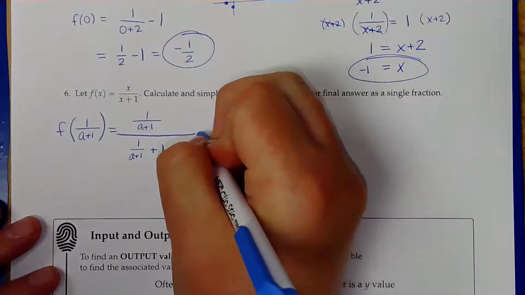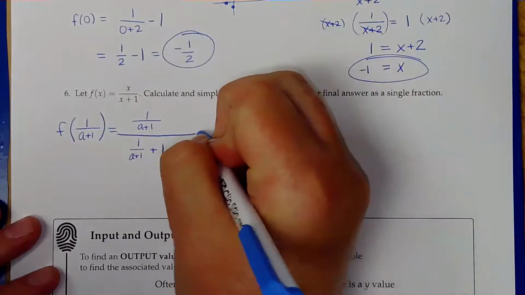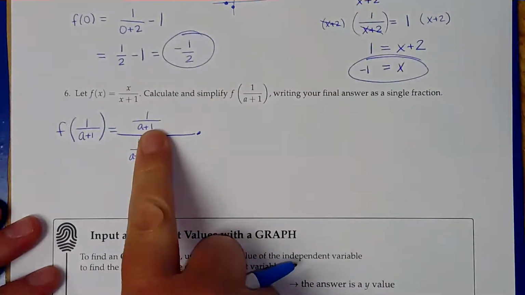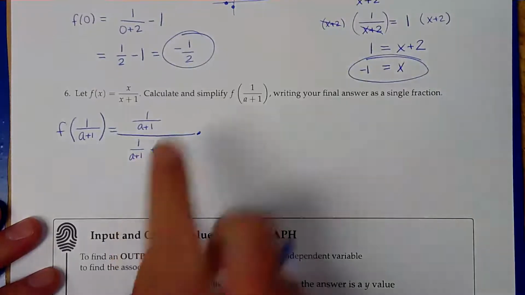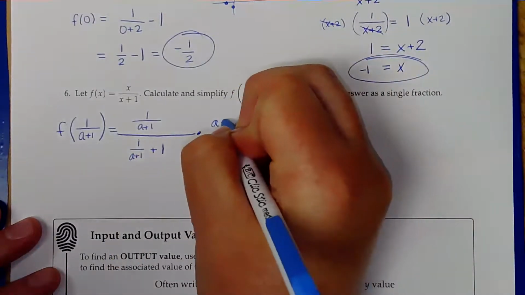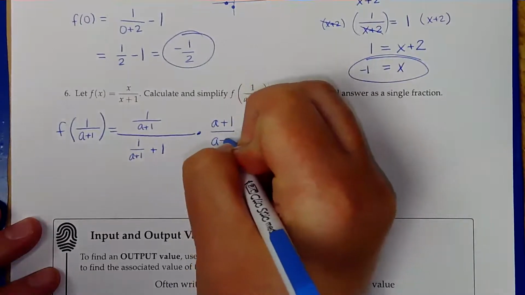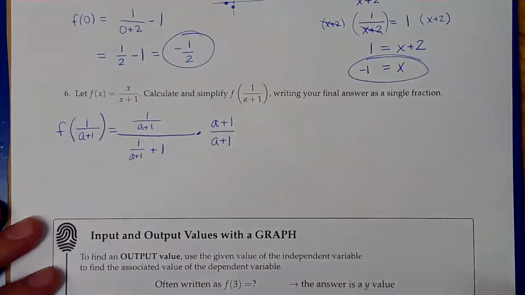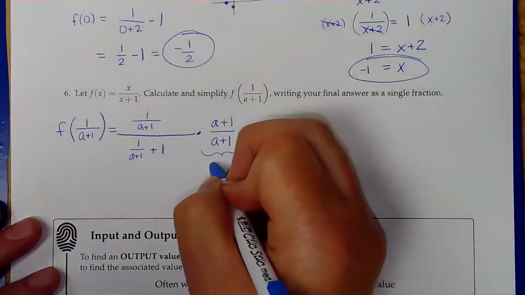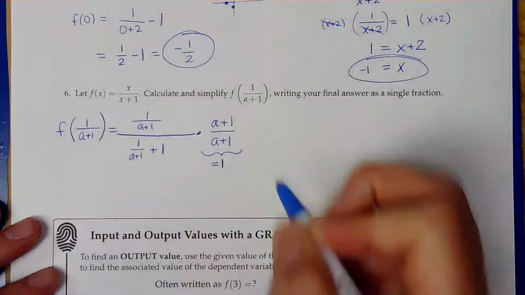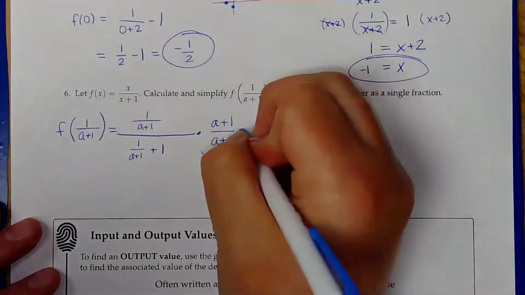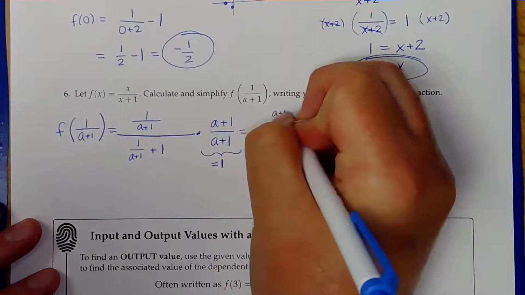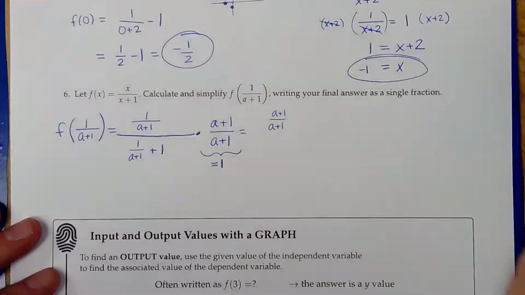So let me show you. This is kind of my favorite approach. What I see is I don't want this a plus 1 here. I don't want this a plus 1 down here. Those are both kind of causing problems. So what I'm going to do is multiply through by a plus 1 over a plus 1. And that's because this thing here is equal to 1, and anytime you multiply by 1, you haven't changed the value of what you have. So if I multiply through, what I have is a plus 1 over a plus 1, which is just going to be 1.